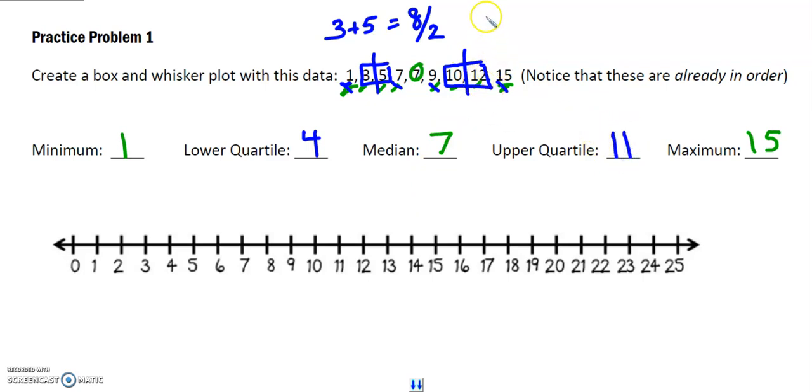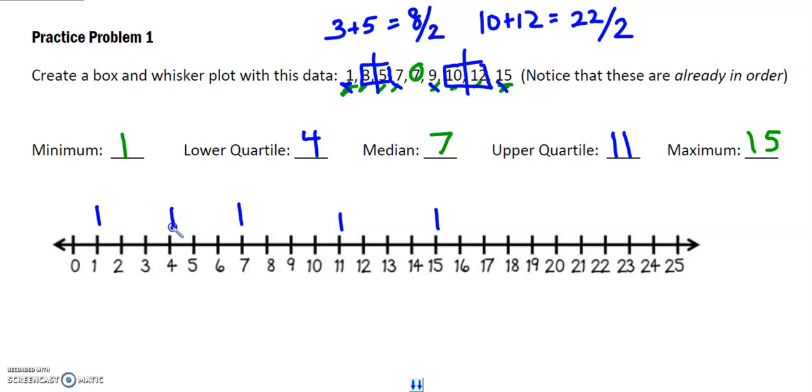And if you forget that, go ahead and add them. 10 plus 12 is 22, divided by 2 gives me 11. Now I need to graph it, so I'm going to put a mark at 1, 4, 7, 11, and 15.